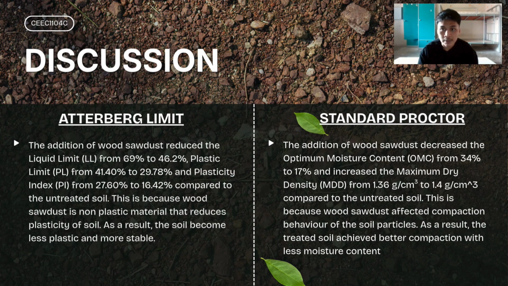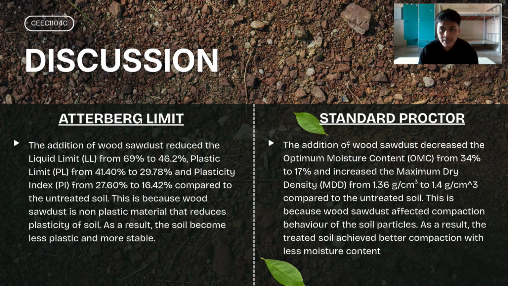Based on the Atterberg limit results, all values including the liquid limit, plastic limit and plasticity index decrease after the addition of wood sawdust. This is because wood sawdust is a non-plastic material which reduces the overall plasticity of the soil when mixed together.